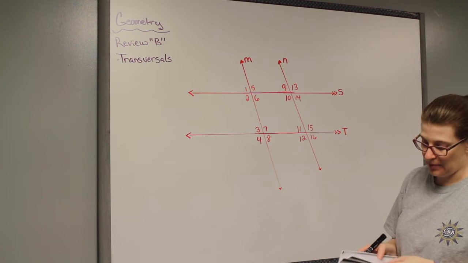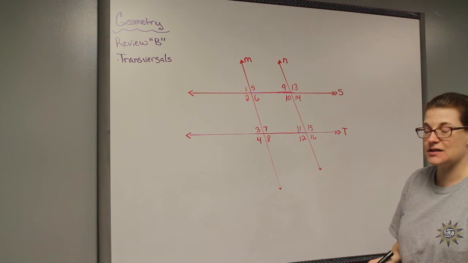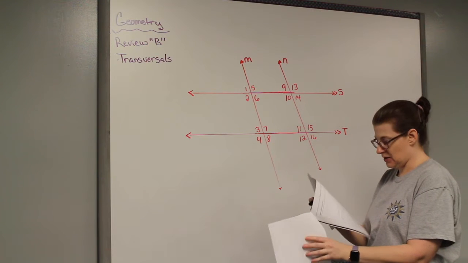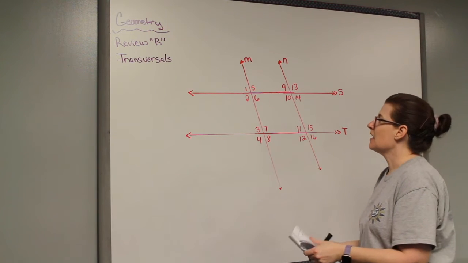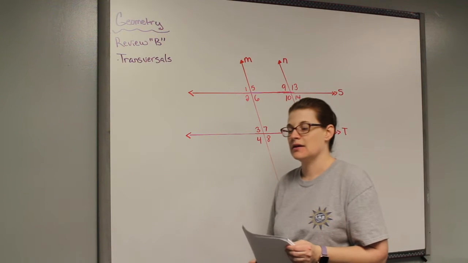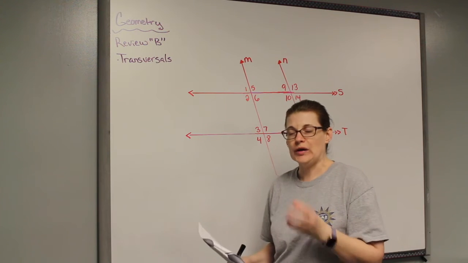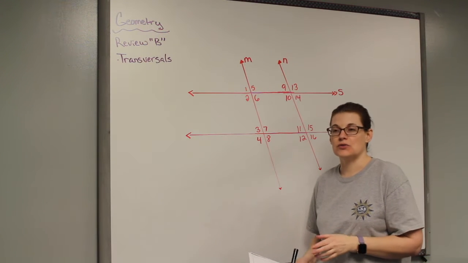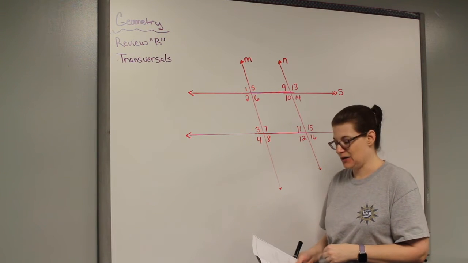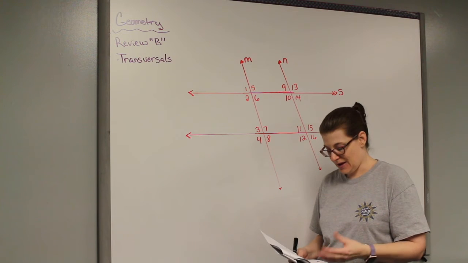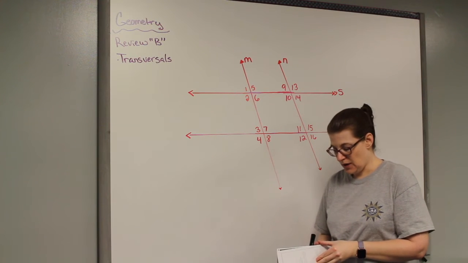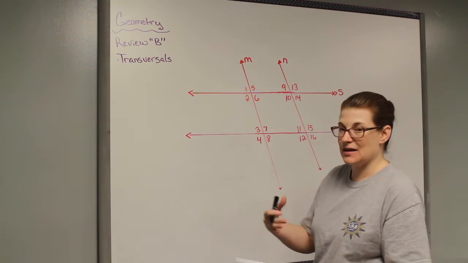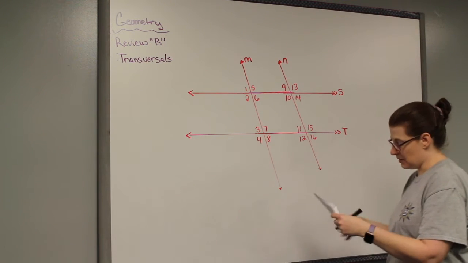In your packet, they'll discuss the different types of angles that are made with transversals. Transversals generally either make angles that are congruent, which means equal, or angles that are supplementary, which means they add to 180 degrees. And then they have special names for that. So real quick, I'm going to go over the types that they cover in this and then put those to use.